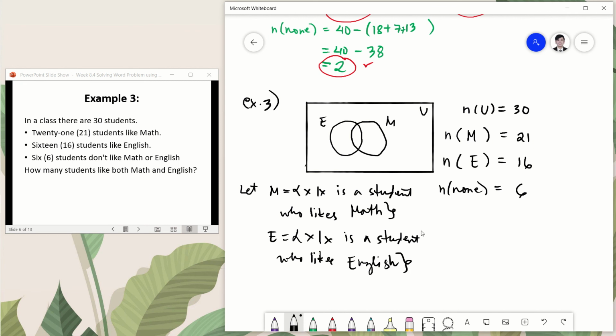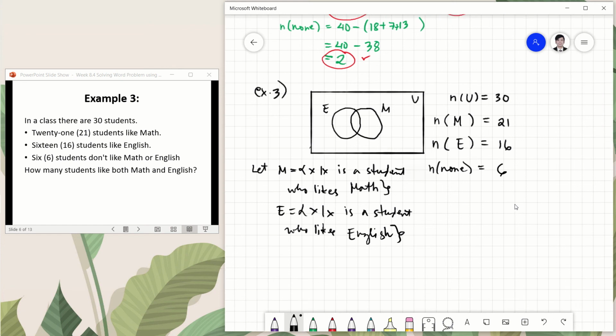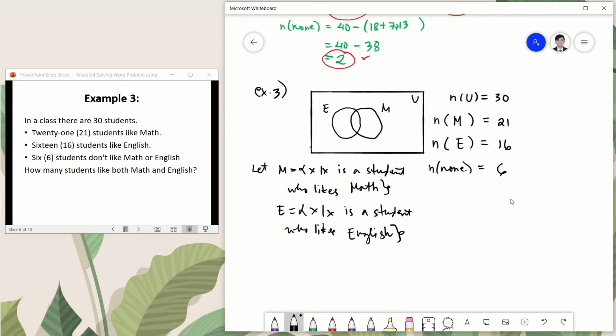So where will you begin? As we all know, 6 has its exact location. So 6 will be here outside the two circles, but still inside the rectangle because they are part of the 30 students that we've surveyed.